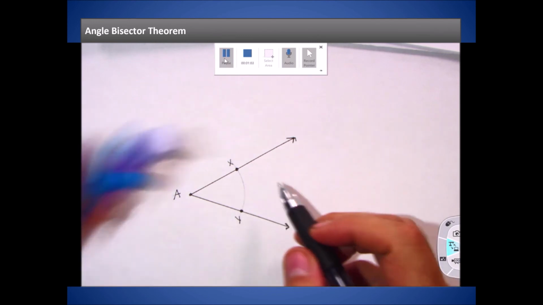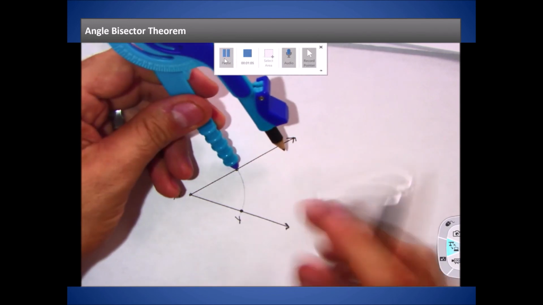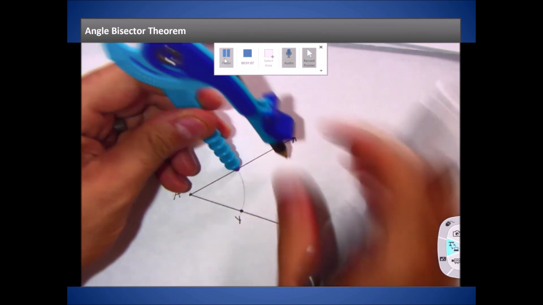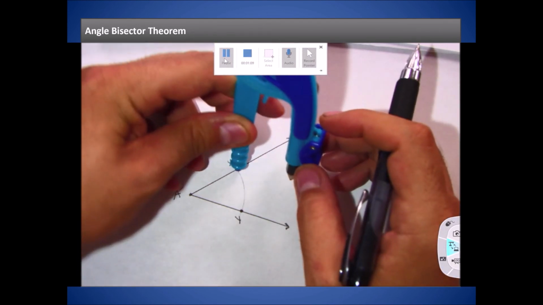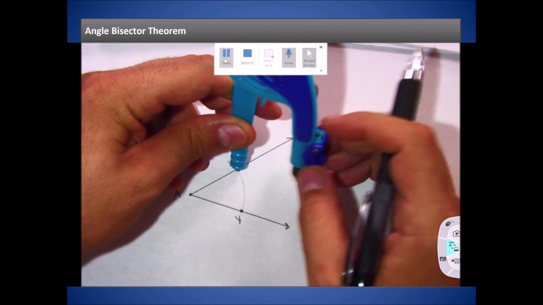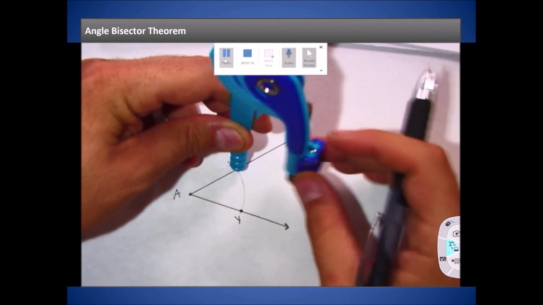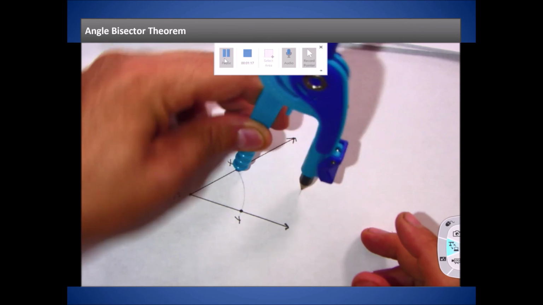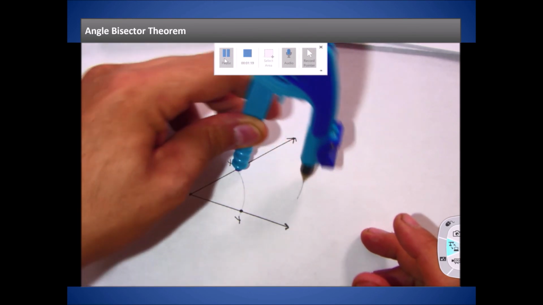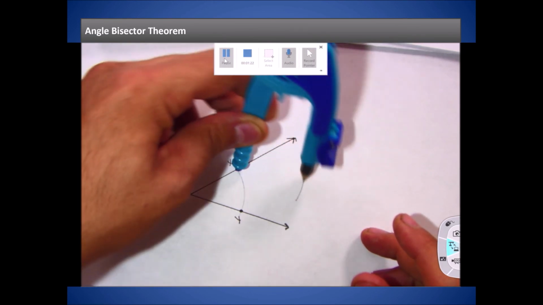So now what we want to do is put our point here on X and Y. I'm going to adjust this. You can adjust this however way you want. Doesn't really matter, but keep the setting whenever you go to Y. So first draw an arc from X to the interior of this angle.